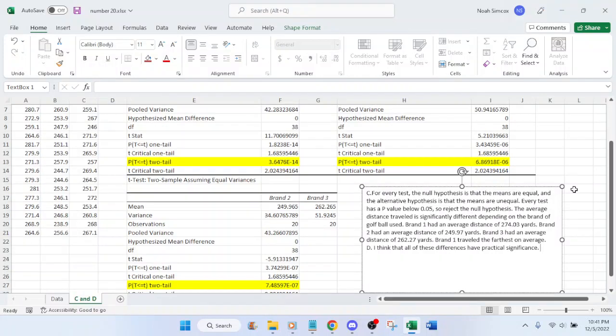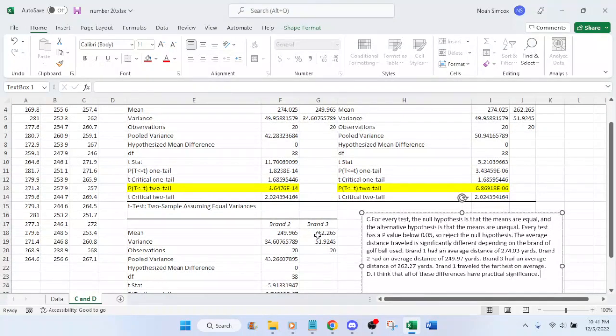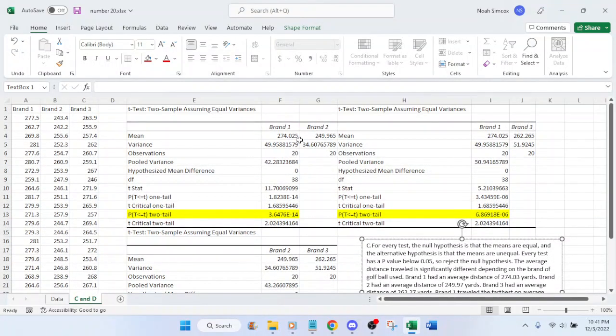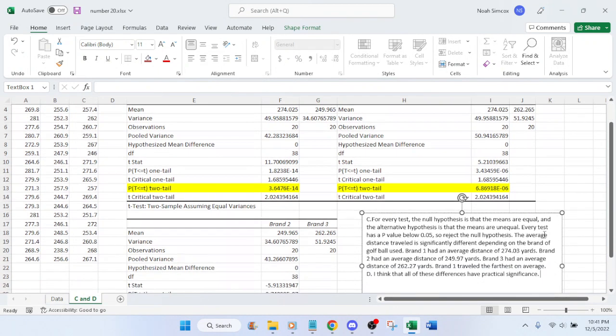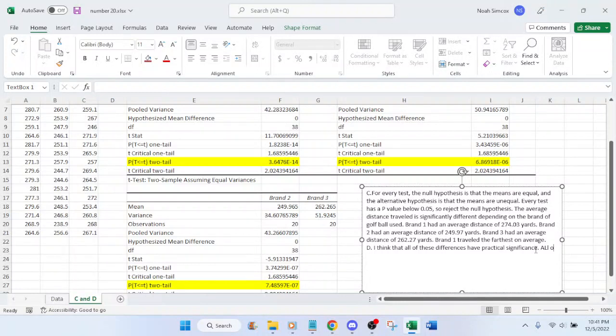I think that all of these differences have practical significance. Let's see here. We had a difference of over 10 there, way over 10 on this one, and this one was, yeah, they're all over 10 yards. All of them.